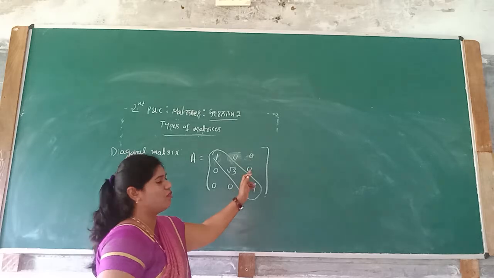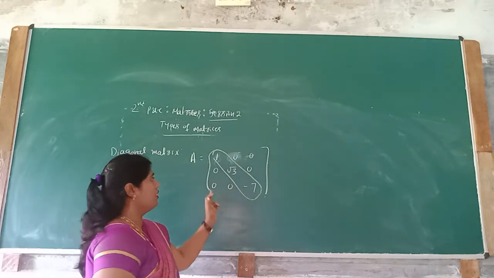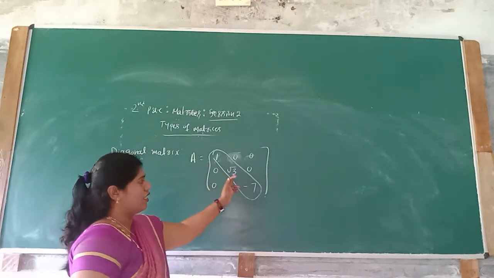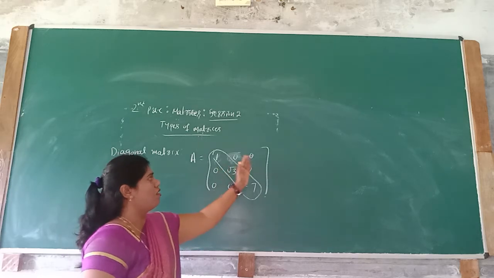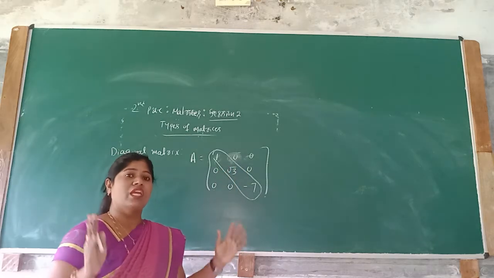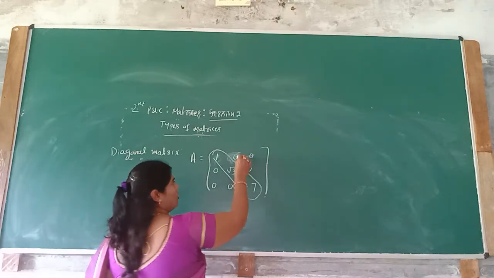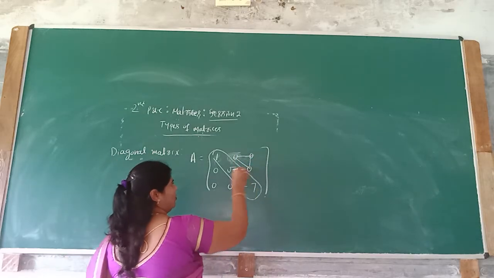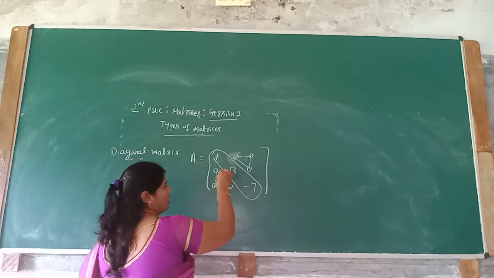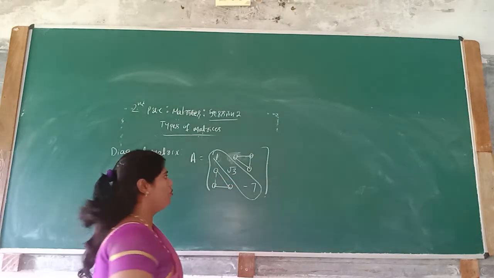The diagonal elements should be non-zero and all the other elements should be zero. These are the non-diagonal elements.